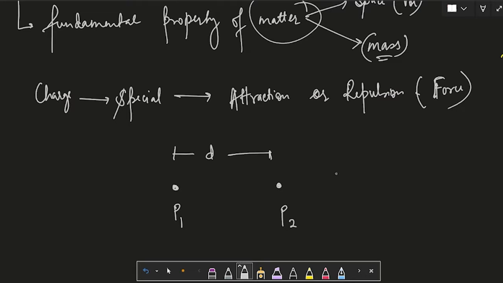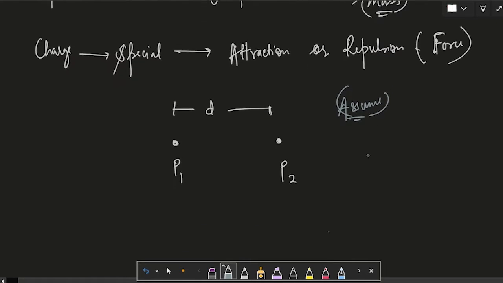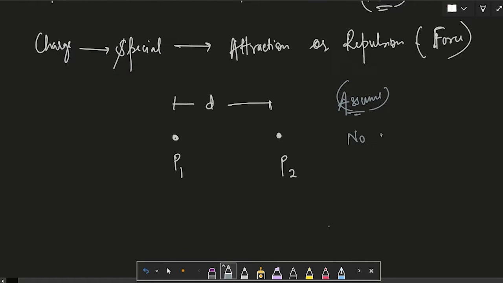But for a brief moment, as a general assumption to understand this concept, let's assume that gravity is not in play. Let's say there is no gravity and no external force.